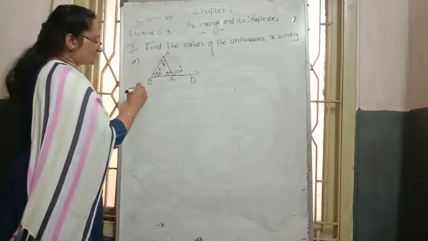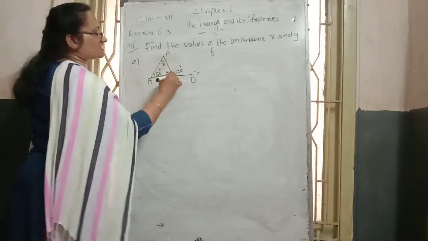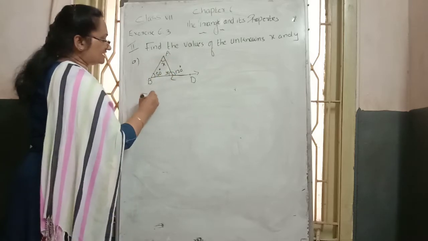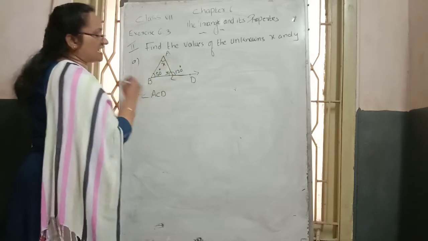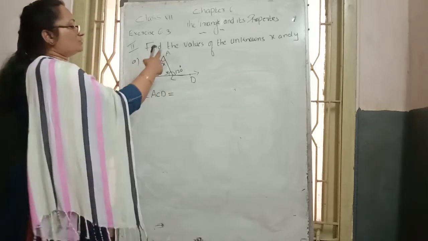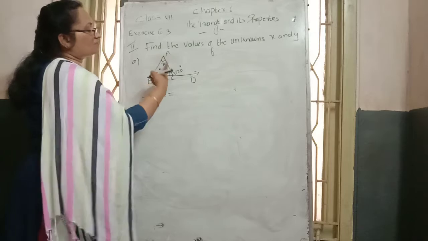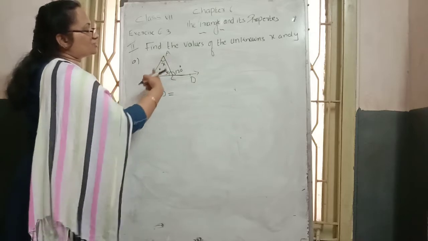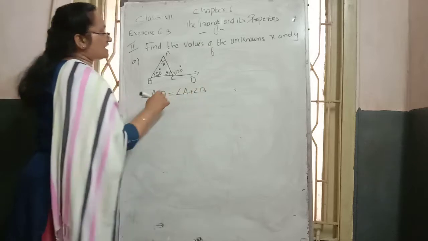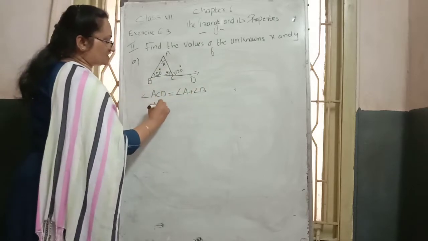First, the exterior angle property with respect to triangle ABC. The exterior angle is ACD, which is equal to the sum of the opposite interior angles, angle A plus angle B. The ACD value is 120 degrees.